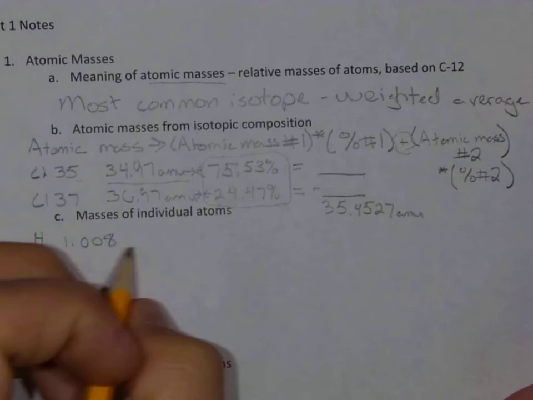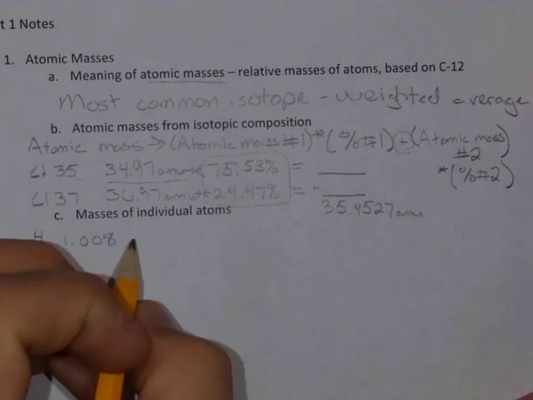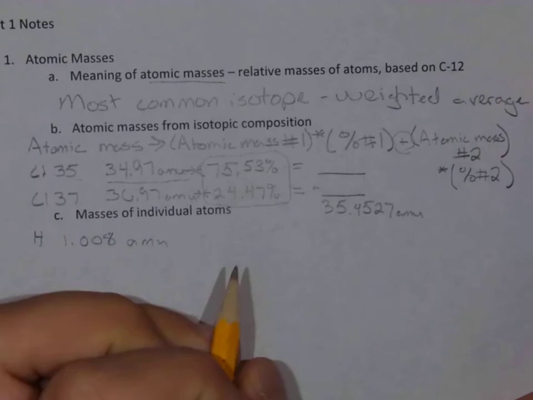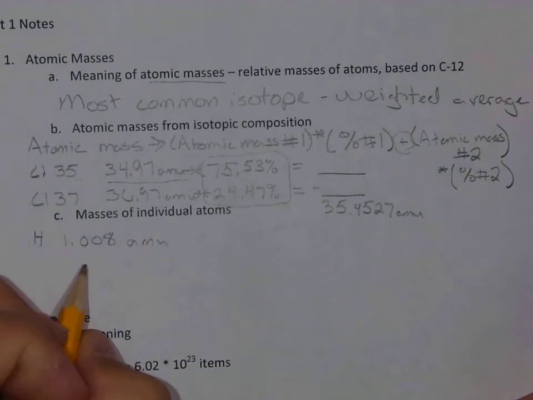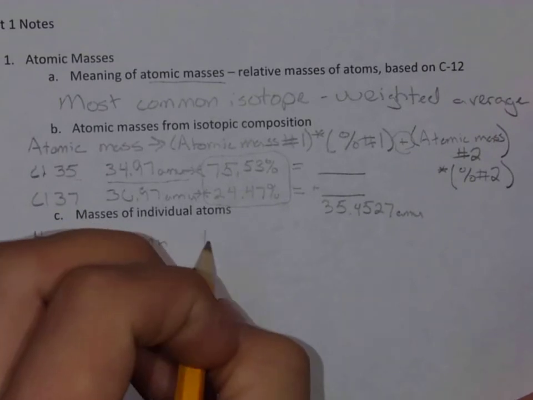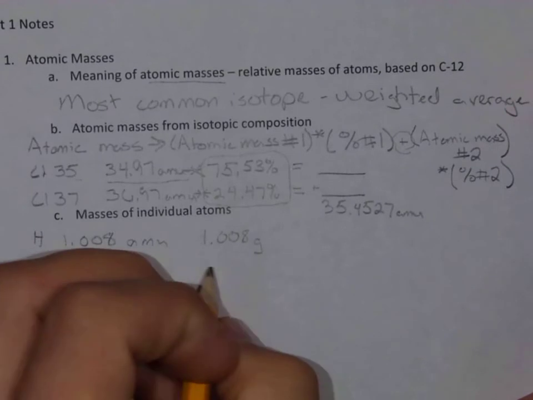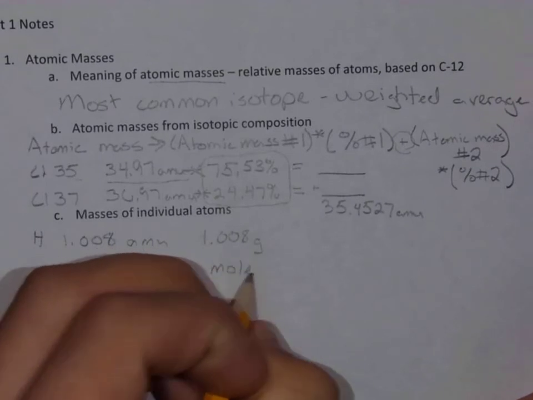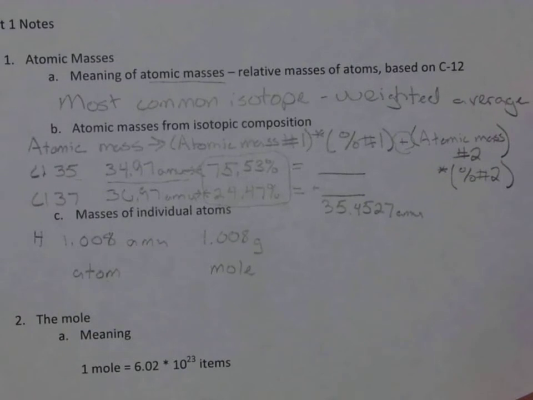We would have an isotope that maybe weighs 1.008, and that's going to be AMU, but it's not grams. But if we have a mole of hydrogen, then we would have 1.008 grams. So this is the mole side, this is the atom side, okay? And how do we convert between those?